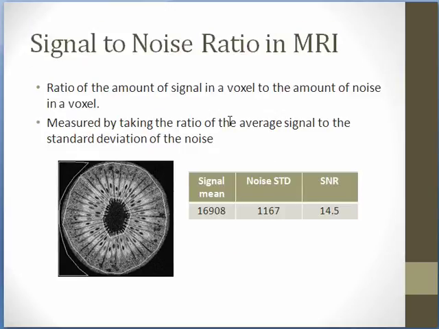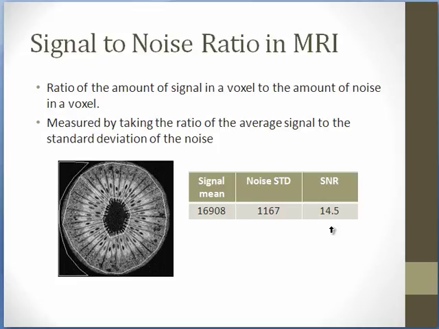So in order to calculate the signal to noise ratio, we have to take the average signal and divide it by the standard deviation of the noise. In this particular image, I've taken as the signal as much of the contents of the fruit as I could, and as the noise, I created the region of interest out here. This is the noise ROI, and I just divide these numbers: the signal mean divided by the noise standard deviation gives me the SNR.